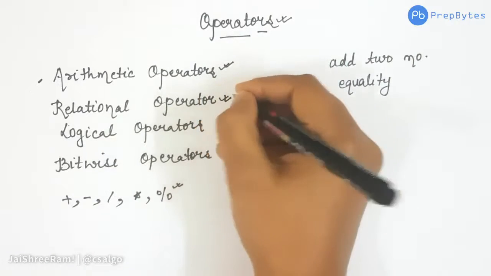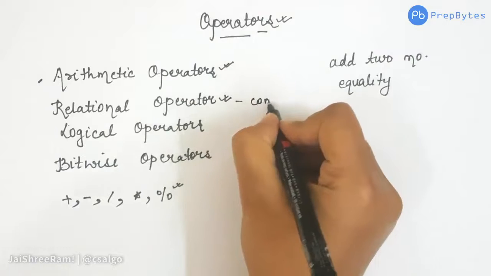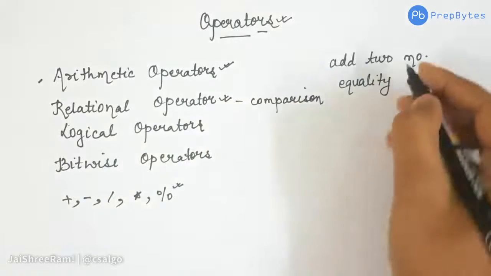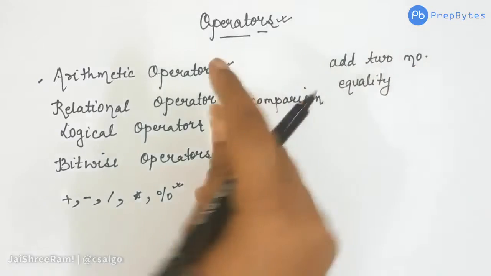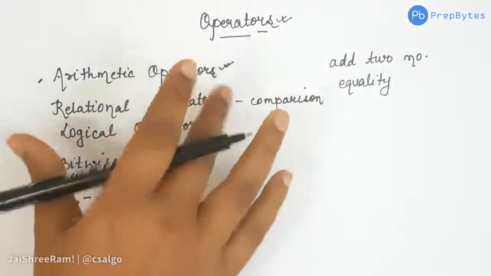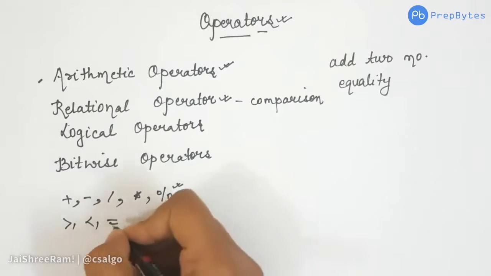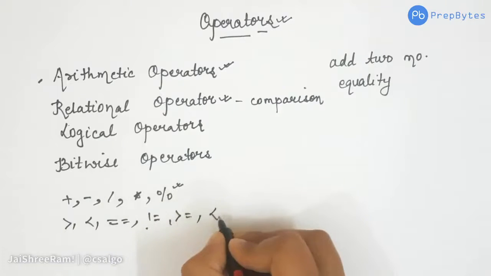In relational operators, we generally do comparison. As I said, we have to check whether two numbers are equal or not, greater than, less than, and so on. The operators that come inside relational are greater than, less than, equal to, not equal to, greater than or equal to, and less than or equal to.